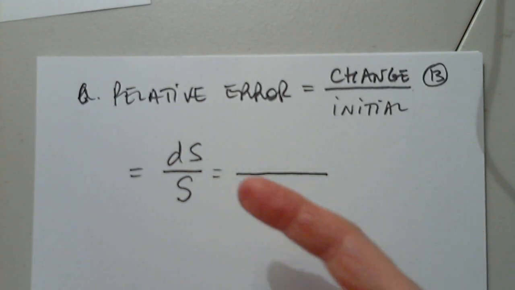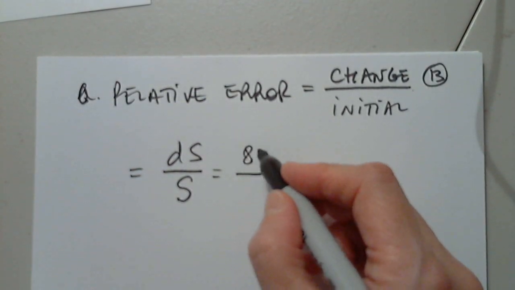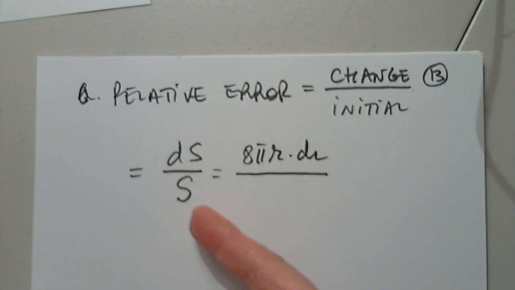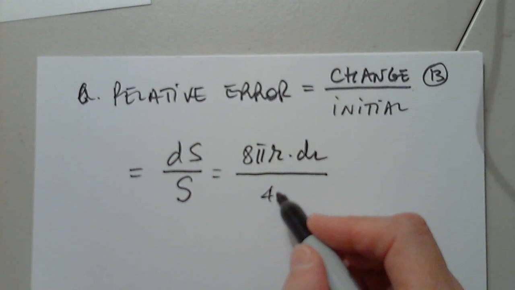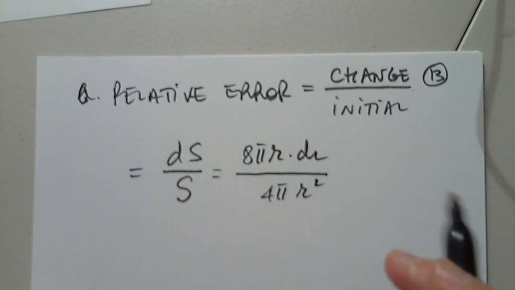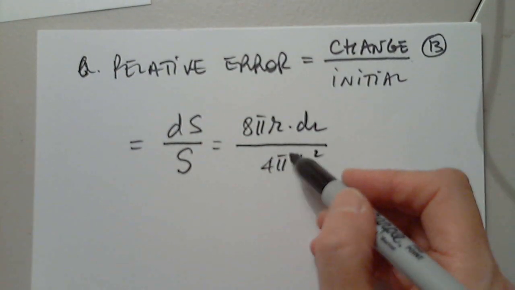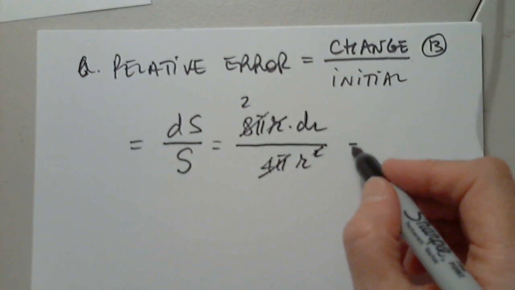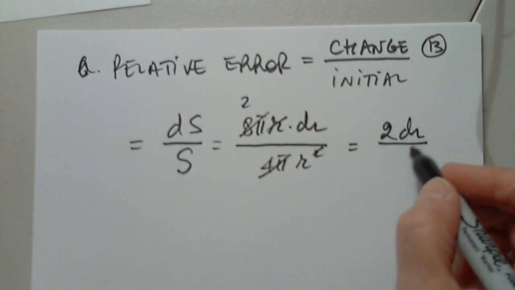So ds was 8 pi r times dr, and the surface is 4 pi r squared. I simplify, and I get 2 dr over r.